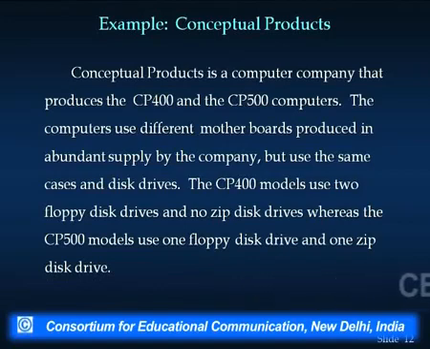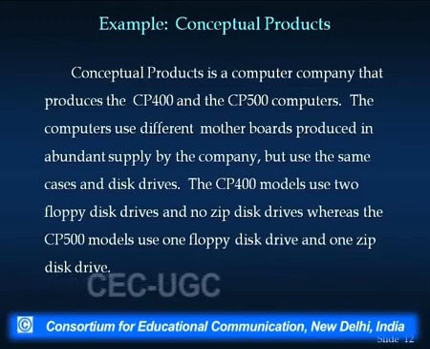As I have already discussed, before formulating the problem, we have to understand the key issues raised in the problem. The key issues raised are, first, it is a company manufacturing computers.